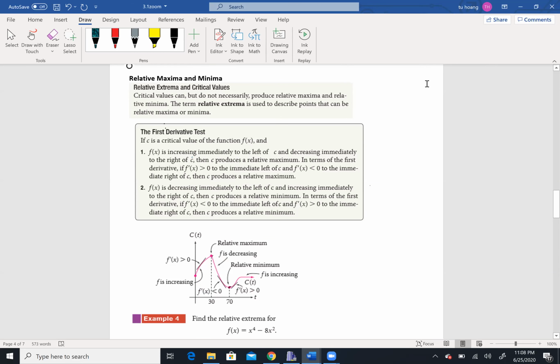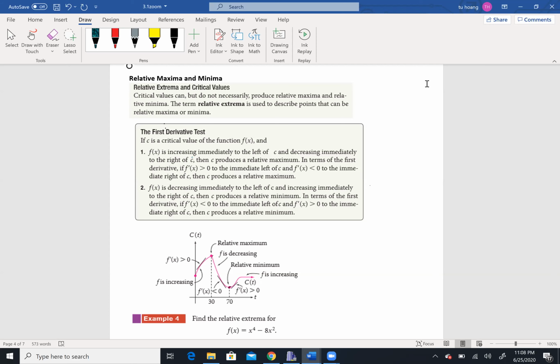Let's talk about relative maxima and minima, right? What are relative extrema and critical values? The critical value can, but does not necessarily, produce relative maxima.